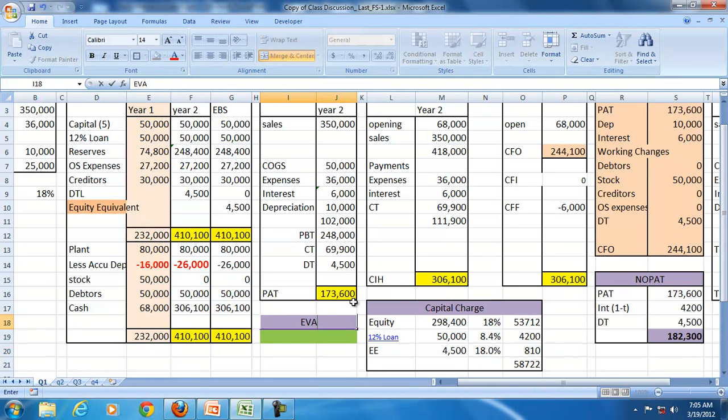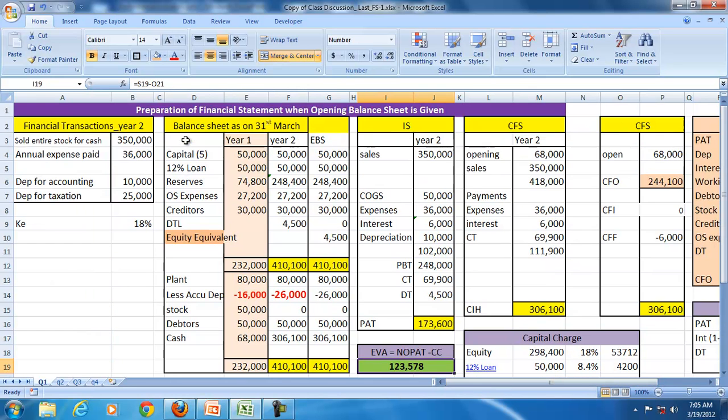So EVA is equal to NOPAT minus CC, which is 182 minus 58, so 123,578.